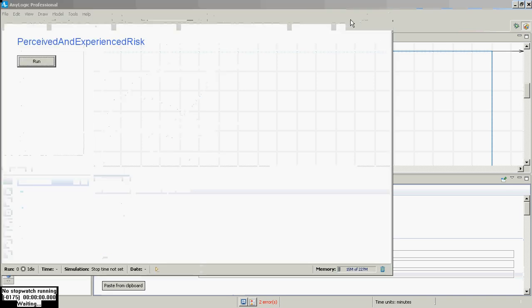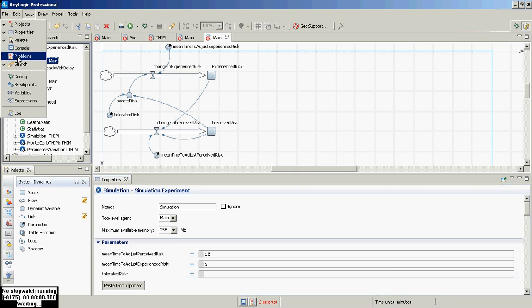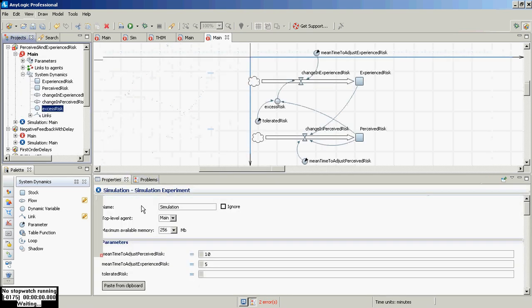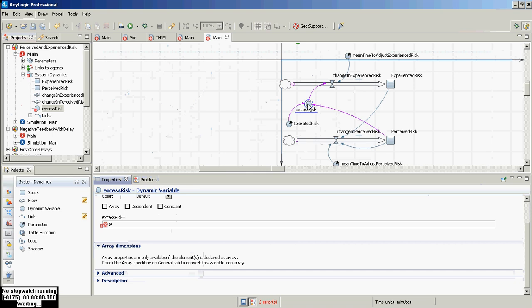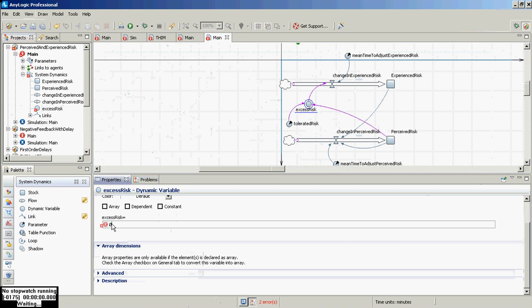Oh no, it looks like there is actually still a problem. Let's go see what it is. Let's go to the problems window. We're going to go to view problems. It says perceived risk is not used but is expected. So, this excess risk, I forgot to fill in a value for it. Excuse me. What's the formula for this?